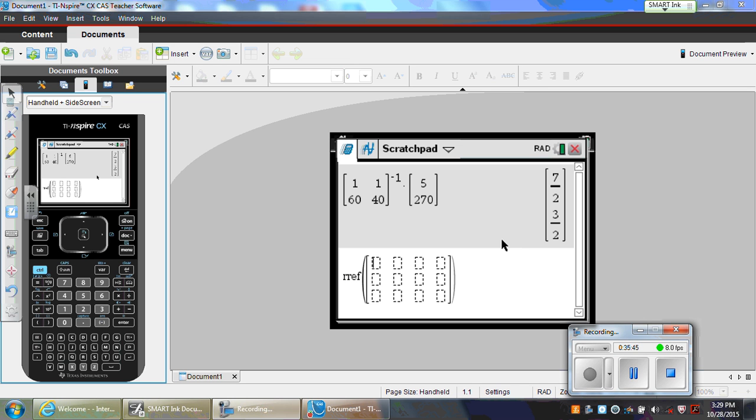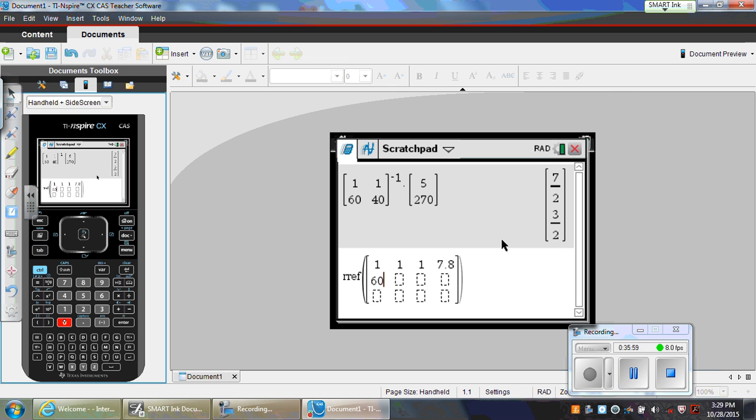Remember, first row was 1, 1, 1, 7.8. Then 60, 40, 20, 270. Then negative 2, and remember, you must use the negative sign below number 3. Negative 2, 0, 1, 0.